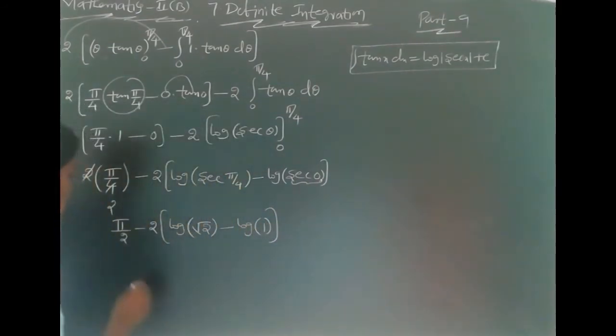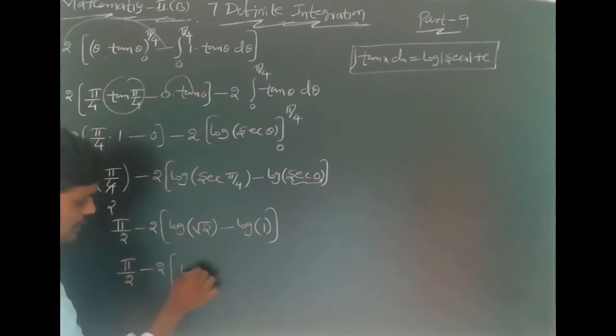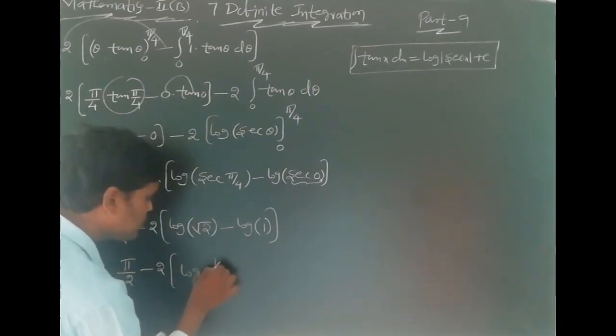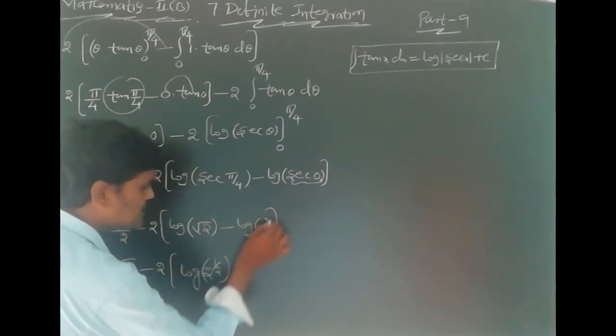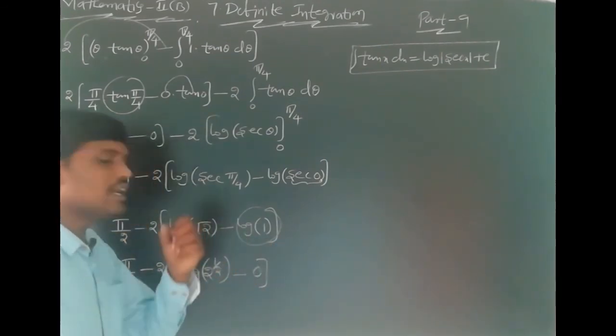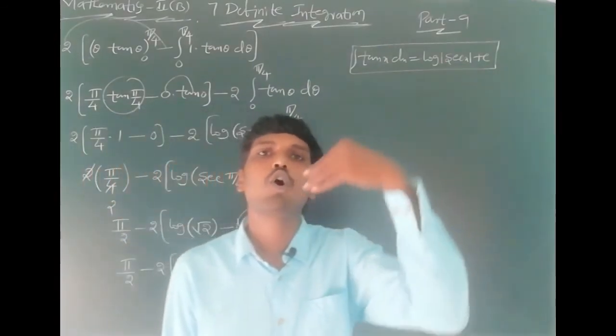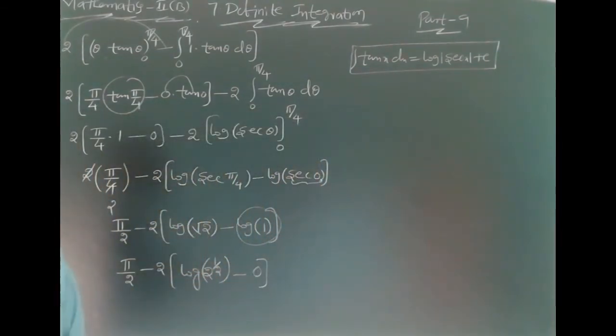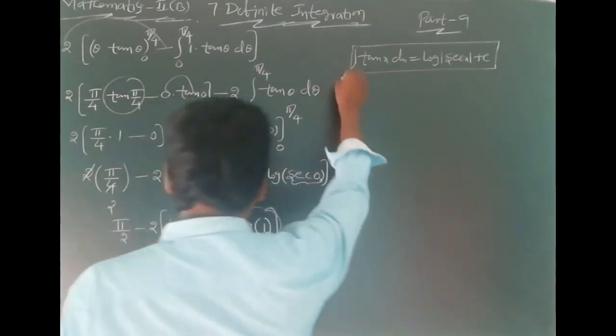That's why next step is pi by 2 minus 2 into log of square root of 2, you can write 2 power 1 by 2, minus log 1 value is 0. Square root nothing but whole power 1 by 2. That's why you can write square root of 2 is 2 power 1 by 2. Next one is what?